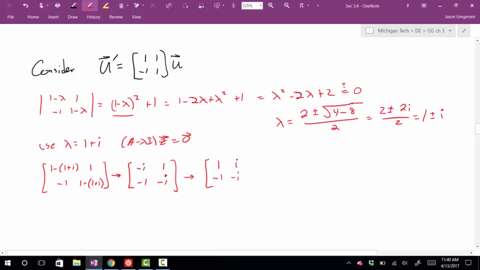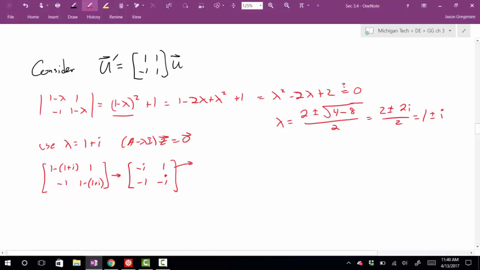Now I can really see, yes, they are multiples of each other. It's just the multiplier is a complex value. So even though they didn't look like multiples, they were multiples. You don't have to write that step down because I don't actually need to do that. I just wanted to demonstrate they are multiples. But because they're multiples, if I did the full row reduction, one of them would go away. So I can just grab either one of these rows and write out my equation to generate my eigenvector.